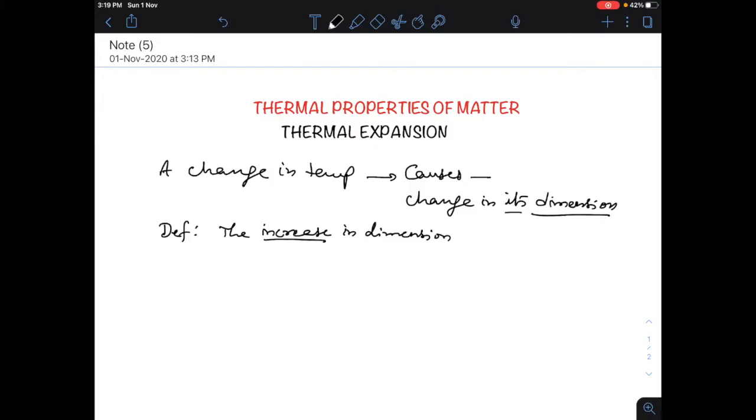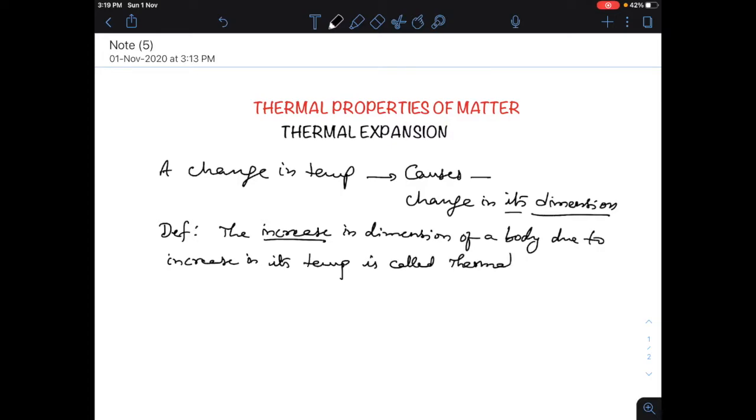So the increase in dimension of a body or a substance due to increase in its temperature is called thermal expansion.